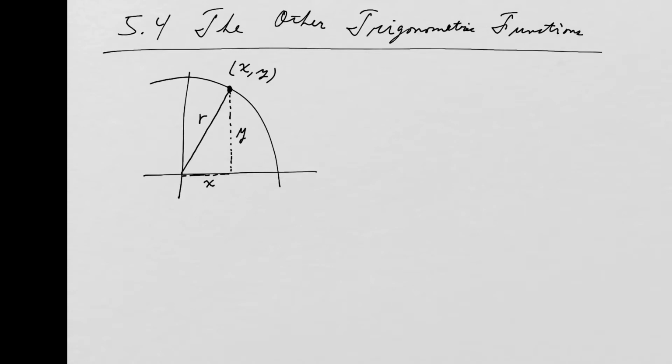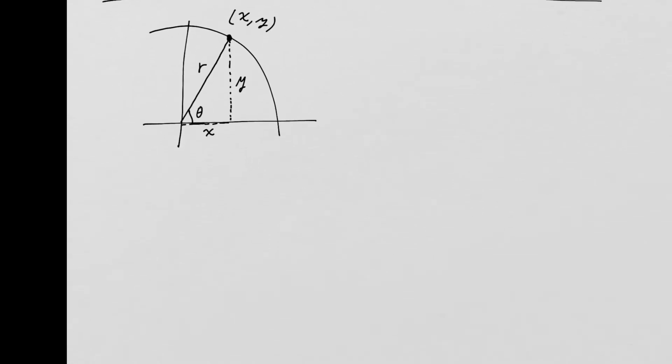And this of course is the angle theta right here. And we already know that the definition for sine of theta is Y divided by R, and cosine of theta is X divided by R.